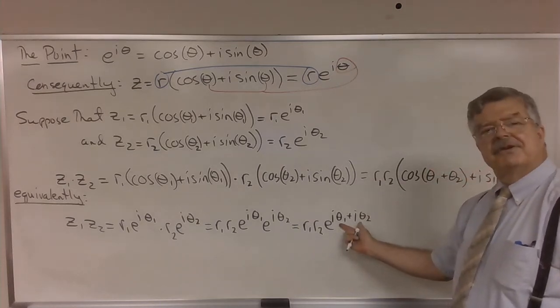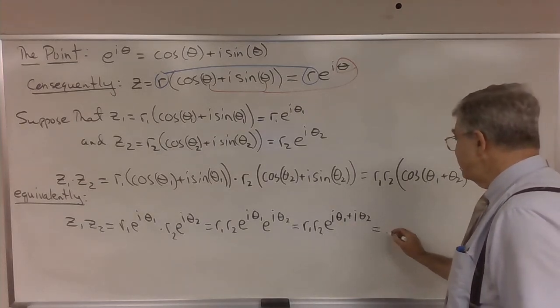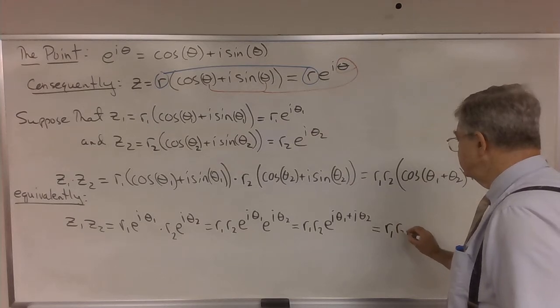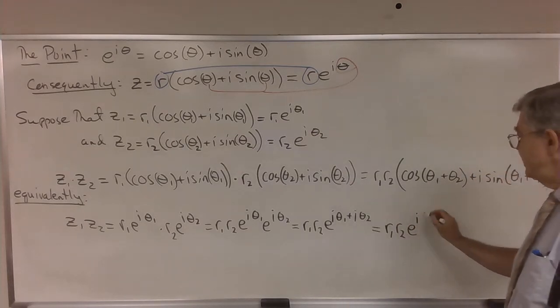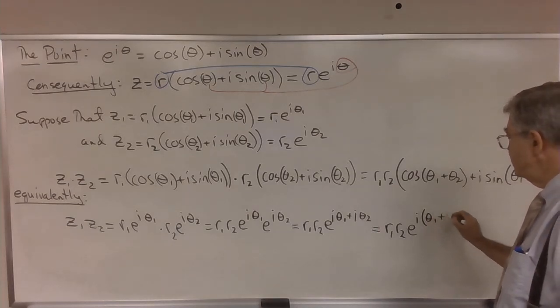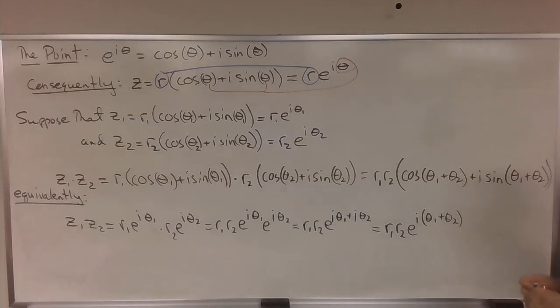Oh, and this sum has a common factor of i. So I can factor that i out and say e to the power of i times theta 1 plus theta 2. And notice what we get.